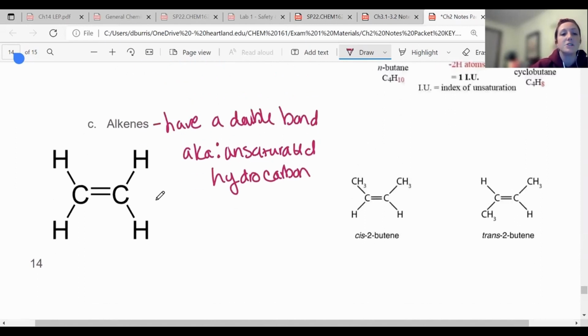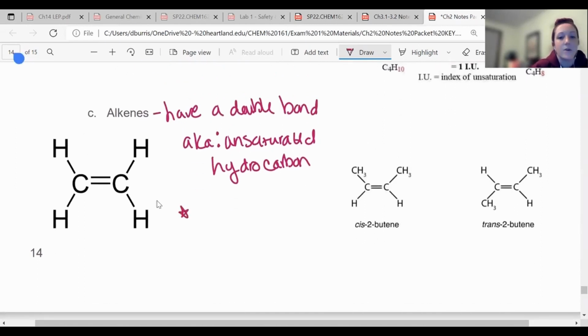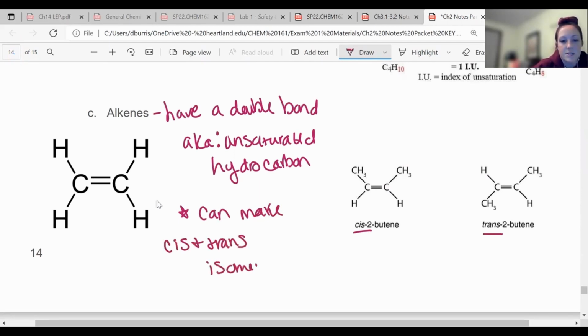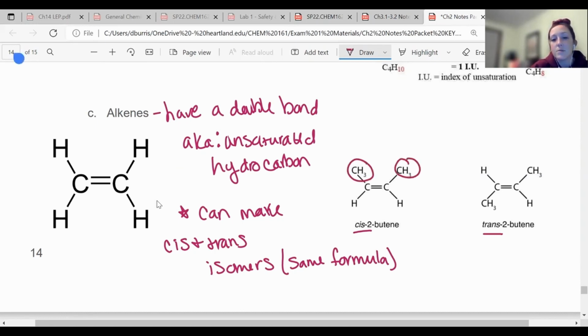Okay. Something that's special about alkenes is that they can make what are called cis and trans isomers. So there's a couple words here we need to talk about. Isomers, first of all, means things that have the same formula but are put together differently. Okay, so I got cis-2-butene here and trans-2-butene. These have the exact same formula, but if you notice, my hydrogens are on the same side, and these CH3 groups, which are methyl groups, are on the same side.